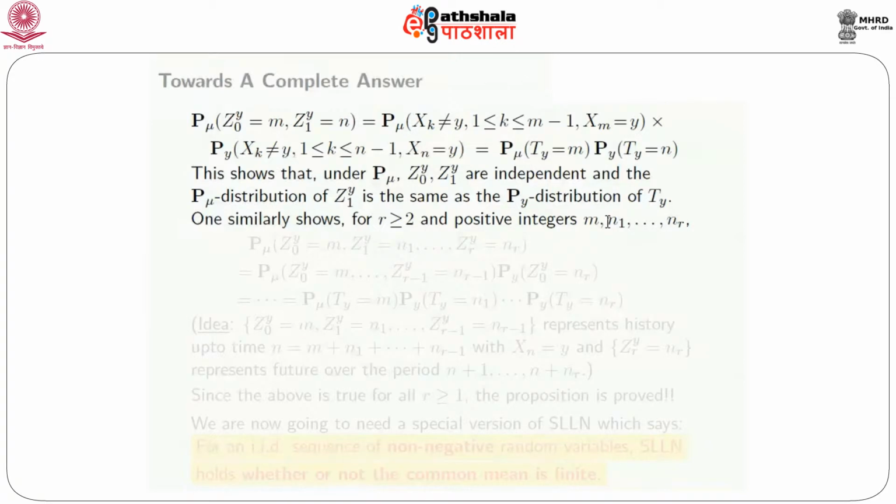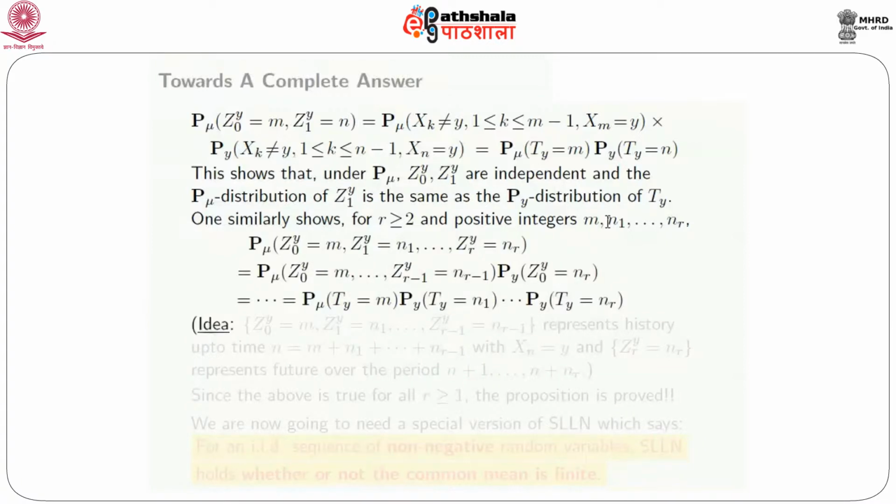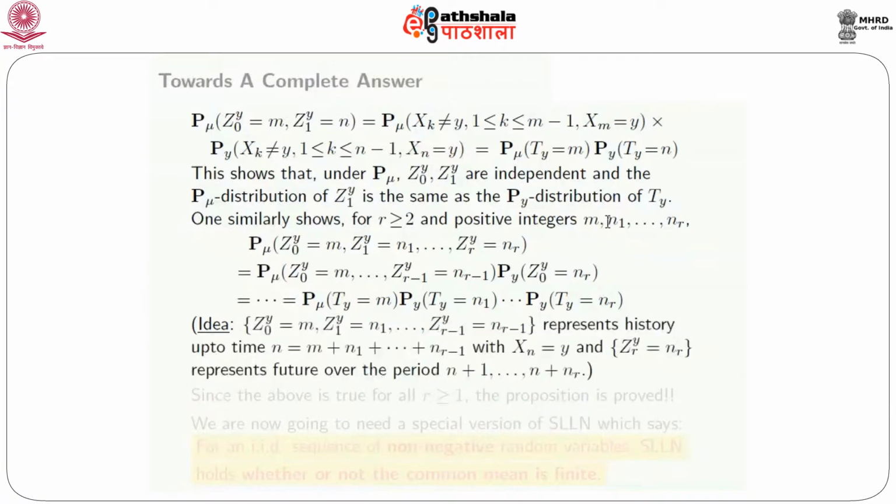For any positive integers m and n_1 up to n_r, you can look at this joint probability, and by the same kind of argument, you could show that this is the product of these. The idea is that if you look at the event Z_0^y equal to m, Z_1^y equal to n_1, etc., Z_r^y equal to n_r, with a little bit of thought, if you think of these events in terms of the Markov chain X_n, you can easily see that Z_0^y equal to m, Z_1^y equal to n_1, etc., Z_{r-1}^y equal to n_{r-1}, this joint event really represents history up to time n, which is m plus n_1 plus etc., n_{r-1}, and X_n equal to y.